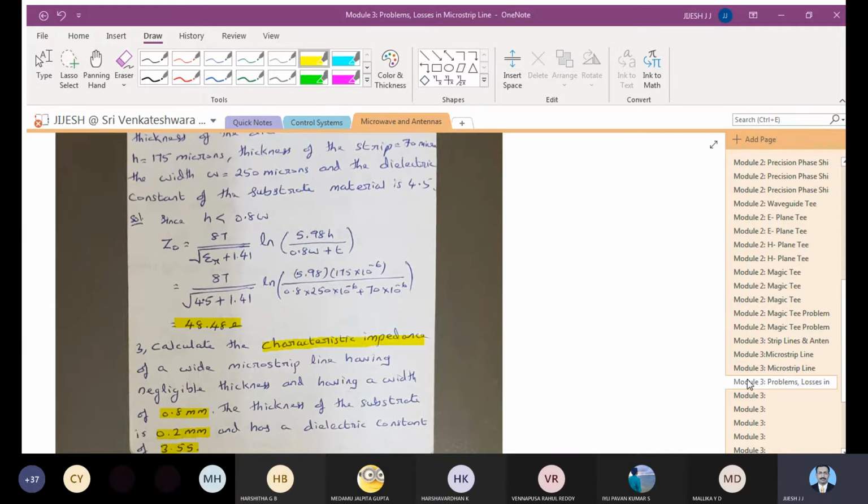Which equation are you going to use for Z naught? Find the ratio and then decide which equation you are going to use.